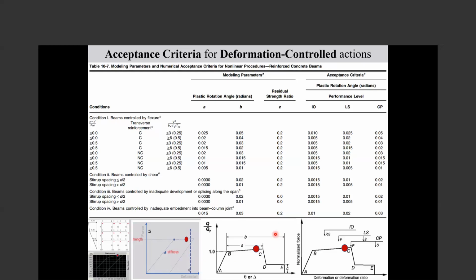So, this kind of tables give you, for any deficiency that a reinforced concrete beam has, what is its effect on modeling and what is its effect on acceptance criteria, summarized.